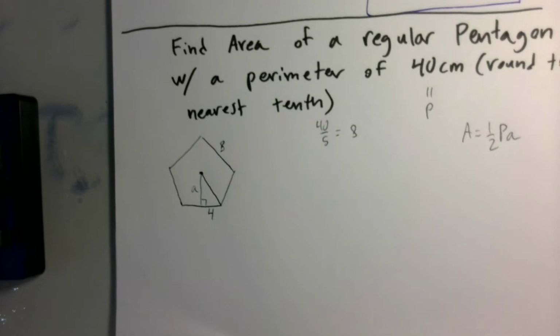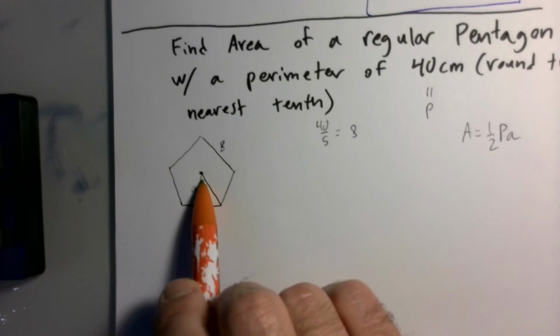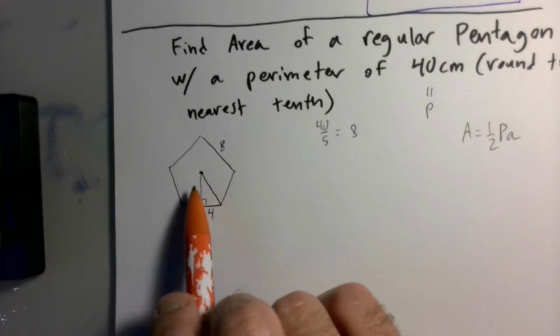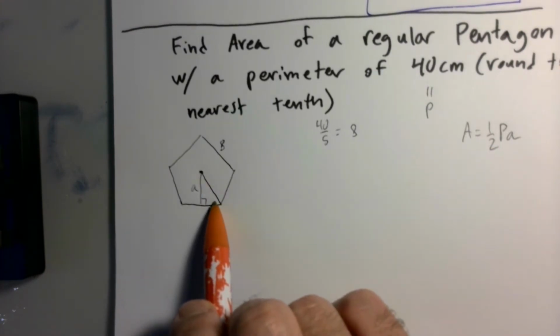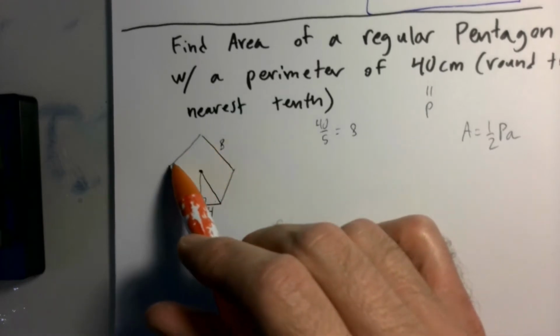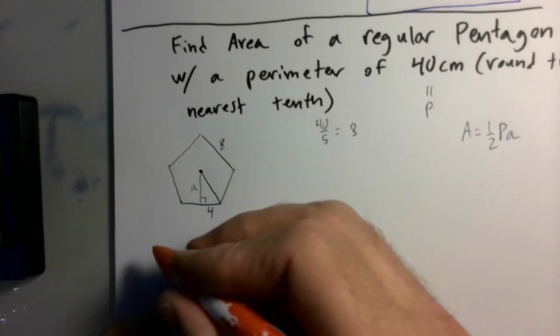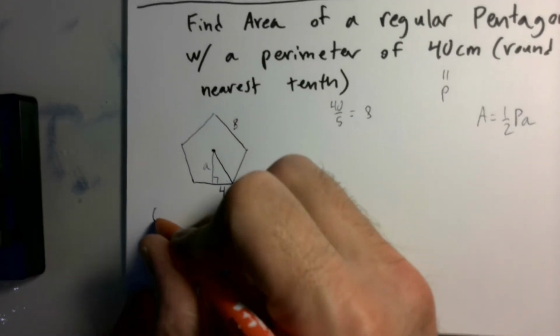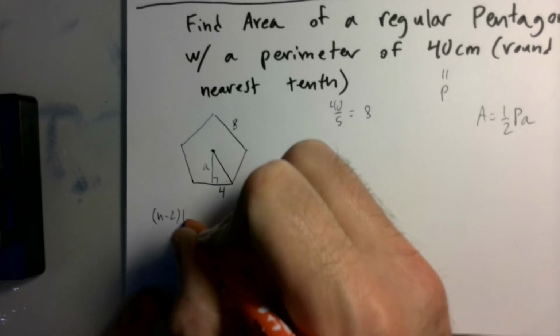We should know how to work with right triangles in all kinds of different scenarios. This is going to be a trigonometry problem. You have 2 choices. You can either find this angle here and use SOHCAHTOA, or you can find this angle. Either one doesn't really matter. I'm going to find this one here because we have a formula for the sum of interior angles, if you remember from way back when: n minus 2 times 180.